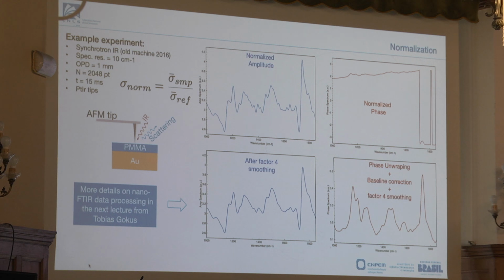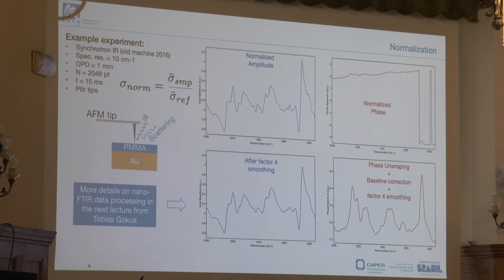How do you do baseline correction, some smoothing, and these sorts of things, right? But here, in the amplitude, I just did a simple smoothing, and here I did a phase unwrapping, a baseline correction, and the same smoothing, and you can see nicely the C=O band here and the other bands from PMMA, right?